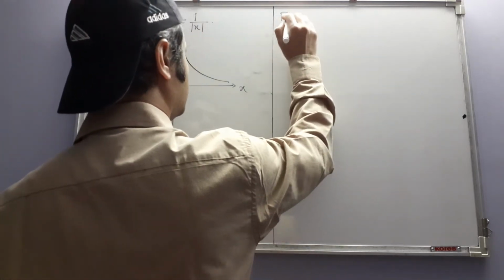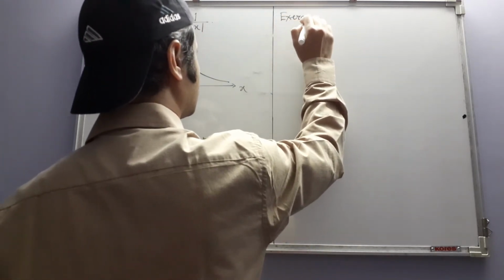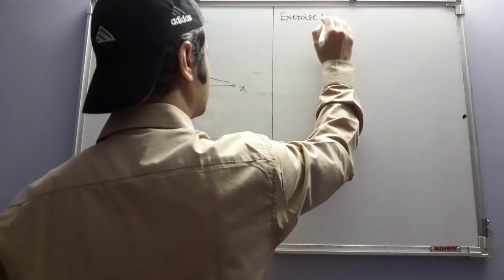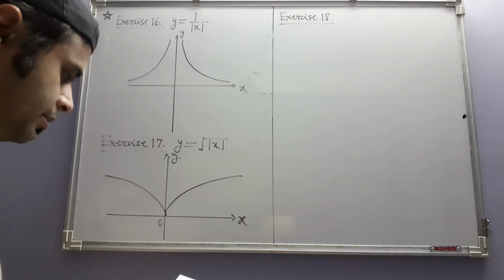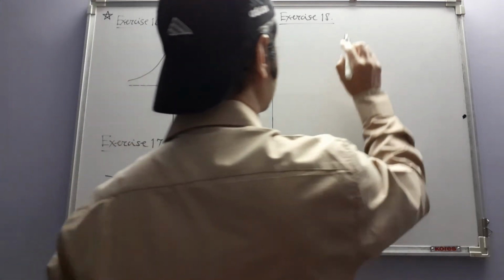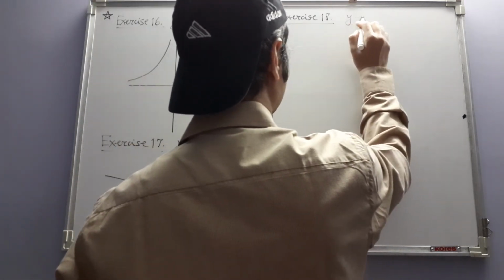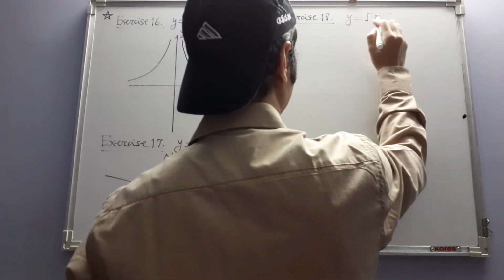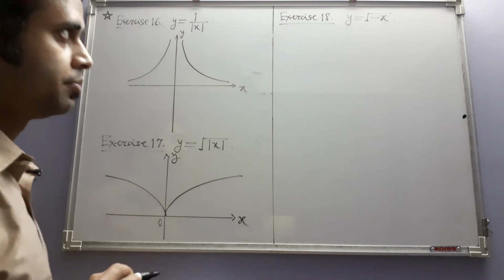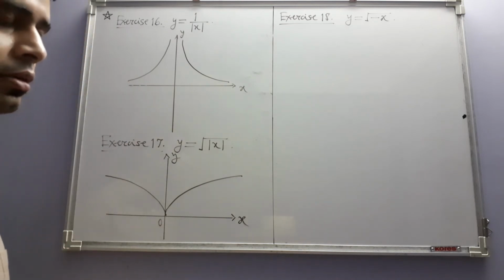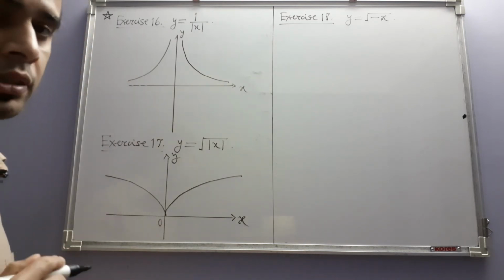And then 18. The 18th one is y equal to square root of minus x. So here x cannot be positive.